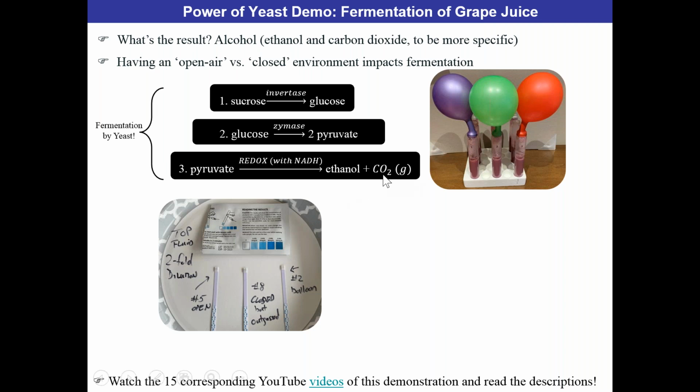Pretty neat, because you can't get the carbon dioxide without the ethanol. This reaction from pyruvate directly to ethanol is going to be pretty quick, because NADH is present within the yeast, and it's going to want to get this action going. And ethanol and carbon dioxide are going to be the products of that.